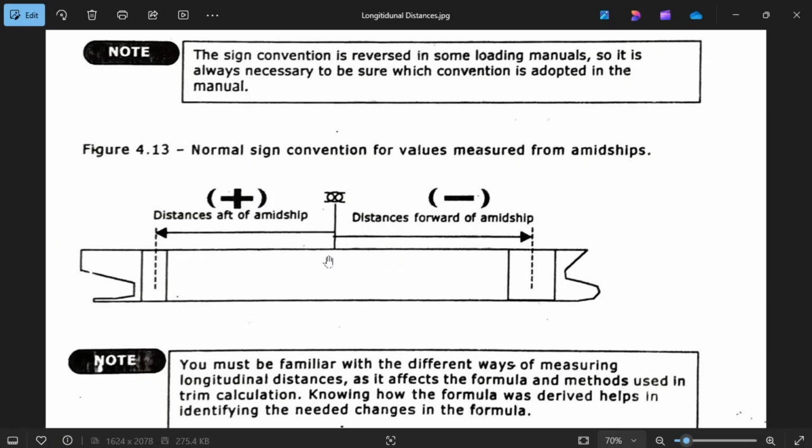But if your center of rotation is somewhere in the middle, which is this one, the tipping center is zero, or there is no trim.